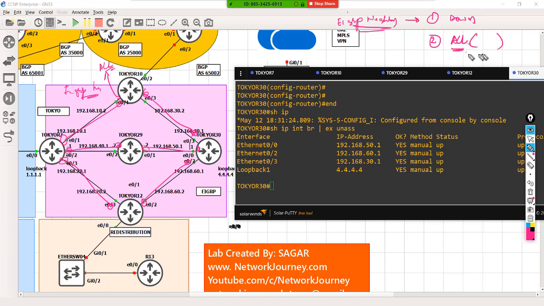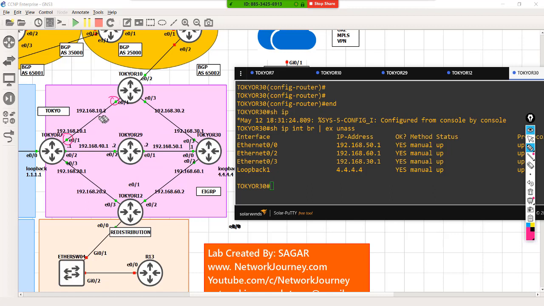If there was an access list restricting the flow of EIGRP packets, that can also hamper your neighborship. So that's why I say, when you bring up your EIGRP, you must see that the directly connected interfaces must be reachable. That goes for all the routers, all the interfaces. They must be reachable on ping.